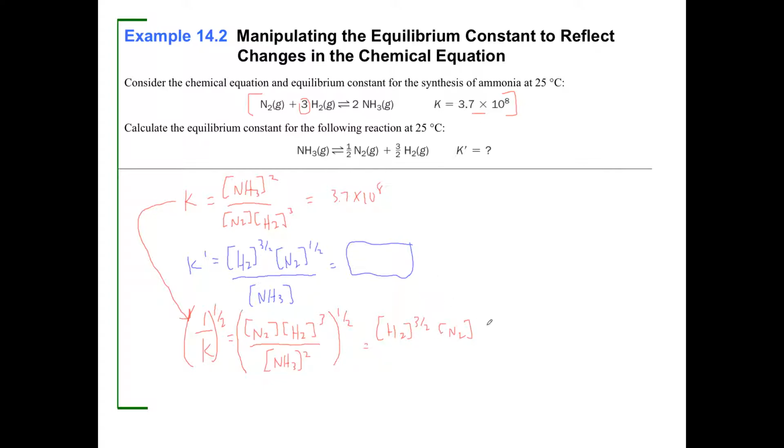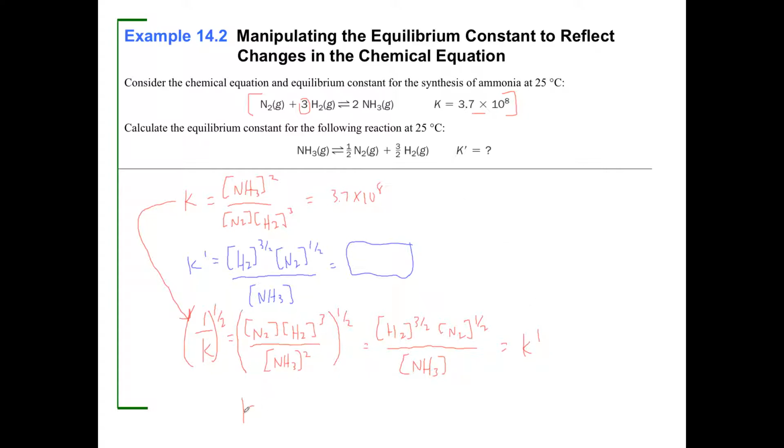N2, and that was 1/2 over NH3, and then 1/2 times 2. So or rather I should say squared raised to the 1/2, square root of the square, of course, is just that. Agreed? Do you see that? And this is K prime.